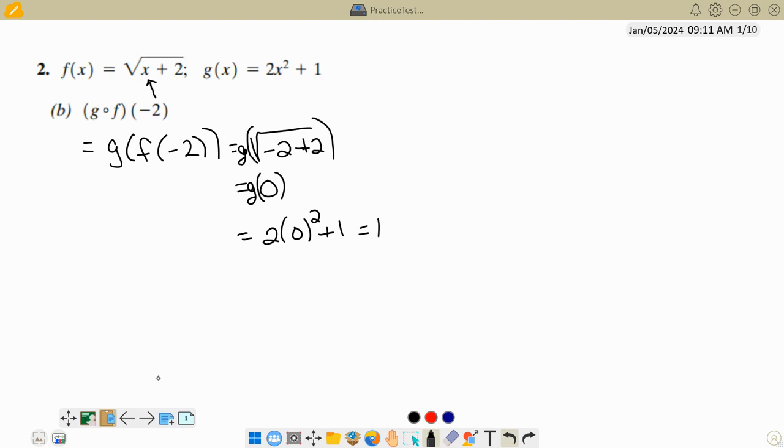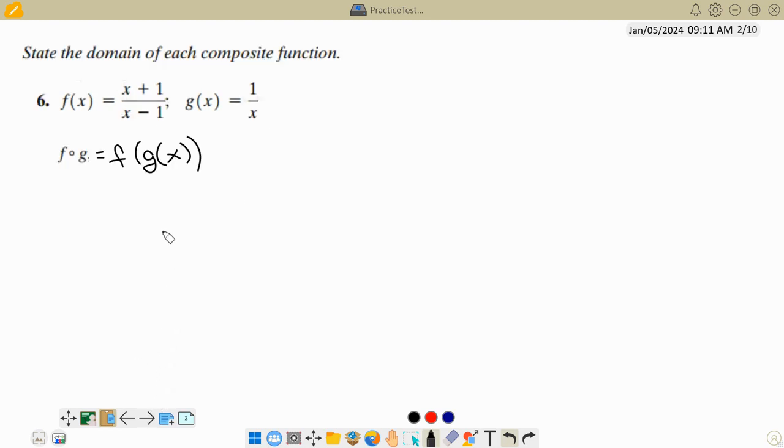Well, since there's no number on this one, we're trying to algebraically find what the function would be. So what that means is you go f of, and then you replace g of x with what it's equal to. That's 1 over x, right? So if I put a 1 over x in here, that means I'm going to take 1 over x and put it into the f function wherever I see x. So I'm going to get 1 over x plus 1, all divided by 1 over x minus 1.